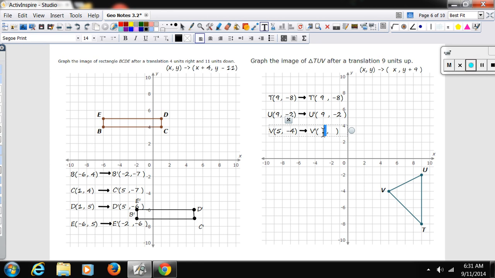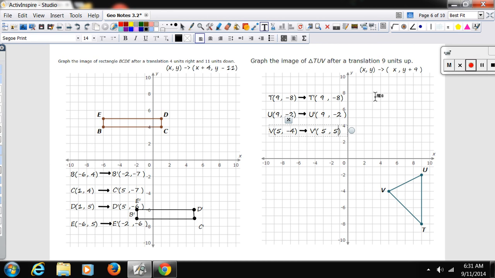And our v is going to stay at 5. And our y value is going to add 9 to it. So -4. Oh, I forgot to add 9 to these other ones. I'll do that in a second. -4 plus 9 is going to be a 5.